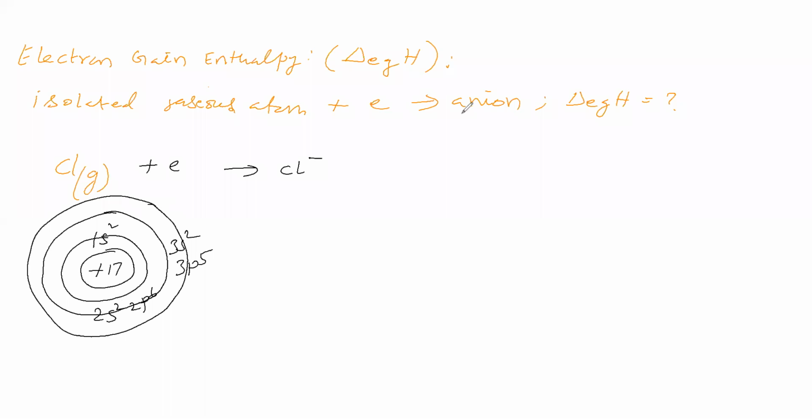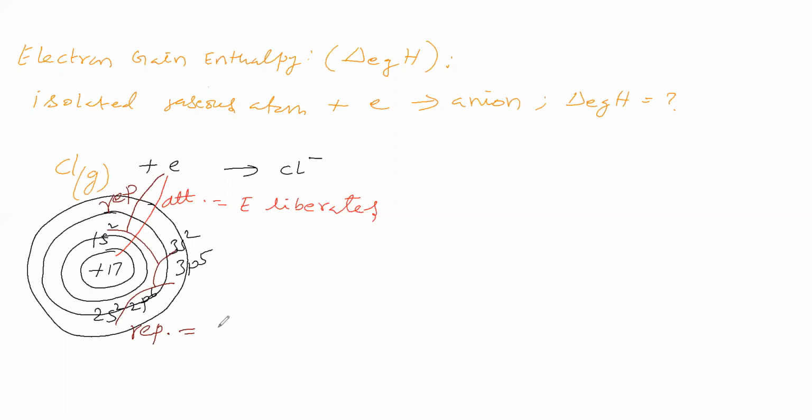Now, it is the incoming electron. When this electron comes near the chlorine atom, attraction is possible between the nucleus and this electron. Due to attraction, the chlorine atom liberates energy. Between the electron cloud and this electron, repulsion is possible.